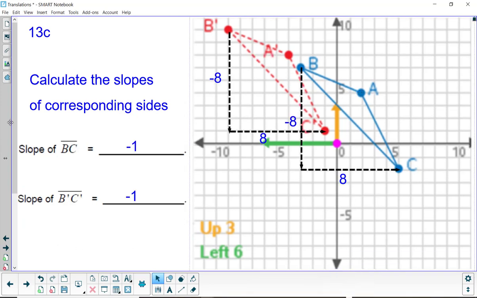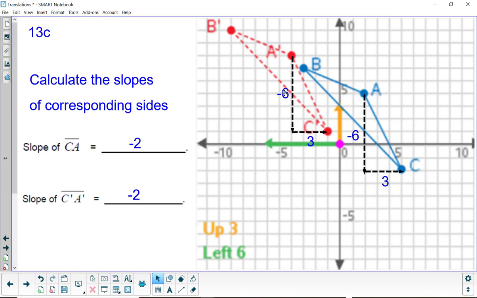To calculate the slopes for segment BC, it's down 8 over 8, and B prime C prime, down 8 over 8, which is -1. Segment CA is down 6 over 3. Its corresponding side is also down 6 over 3, rise over run, change in y over change in x, -2.